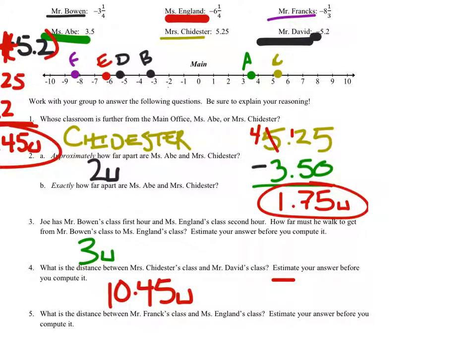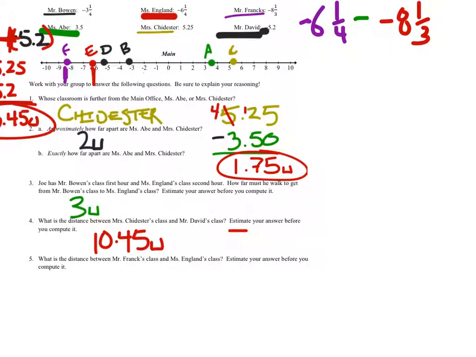What is the distance between Frank, who is right here, at negative 8 1/3, and Miss English? How far apart are they? Well, Frank is negative 8 1/3. Oh, we better show this one. Alright, so yes, we are subtracting because we're finding the distance between these two.